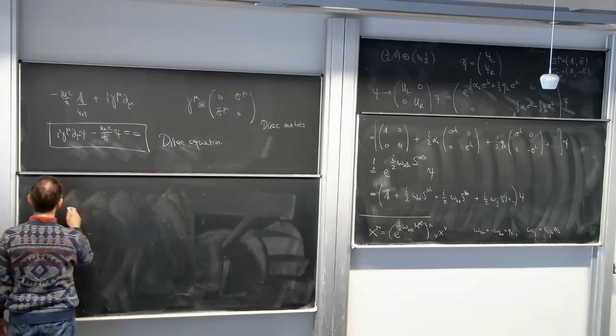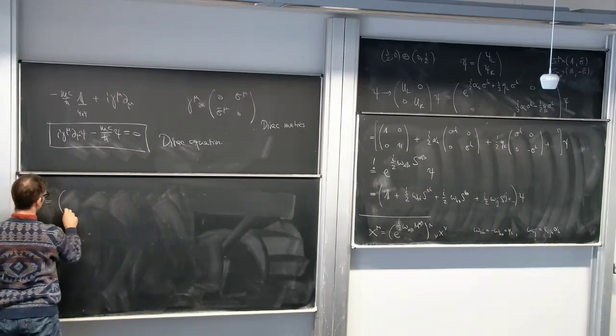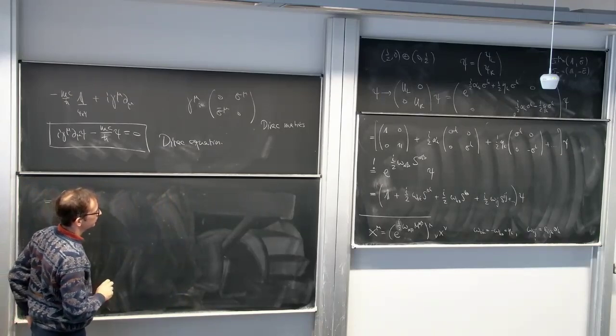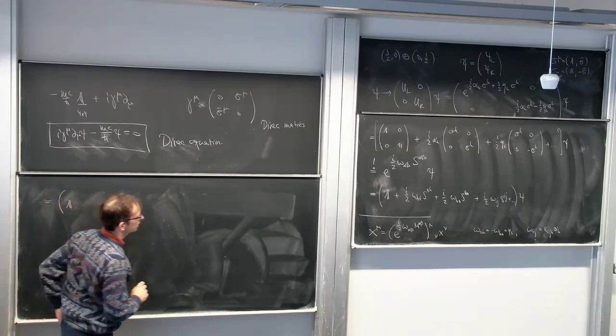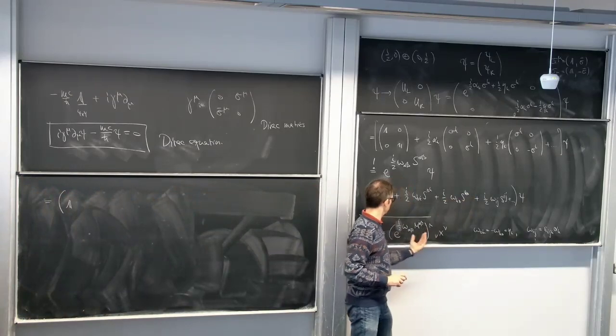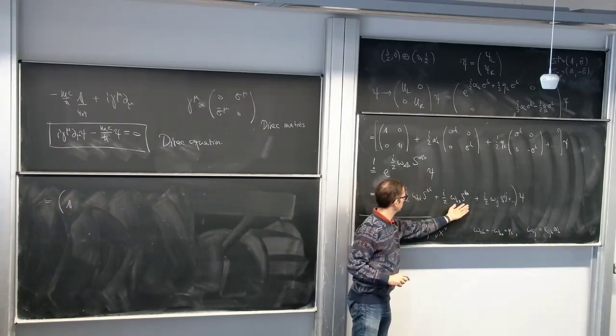Now, we have one. This is eta. I can turn them around at the price of a minus sign and then at the price of a minus sign. They both antisymmetric, otherwise I thought it wouldn't make any sense. And so this is the same as here, and this is eta.